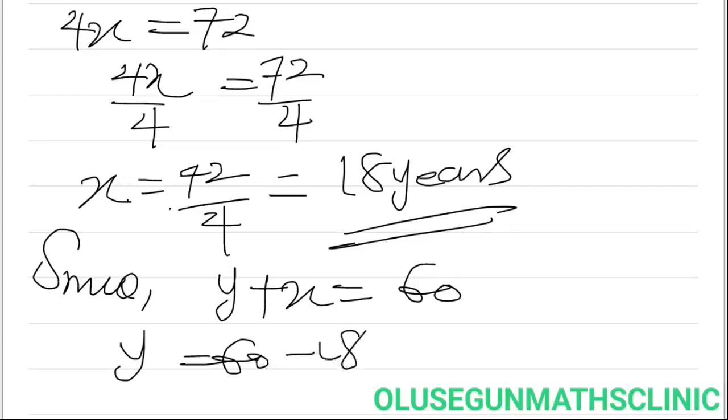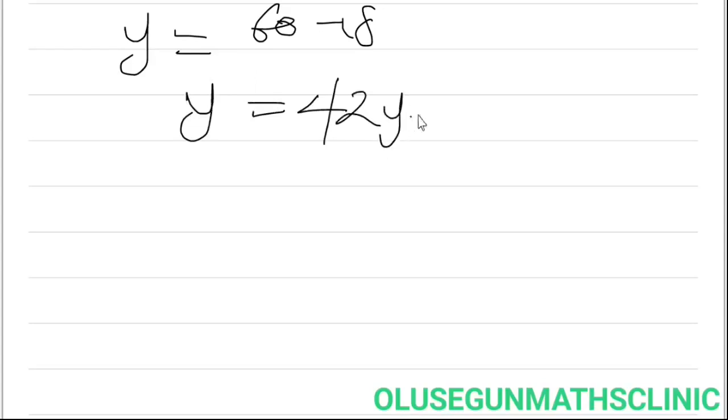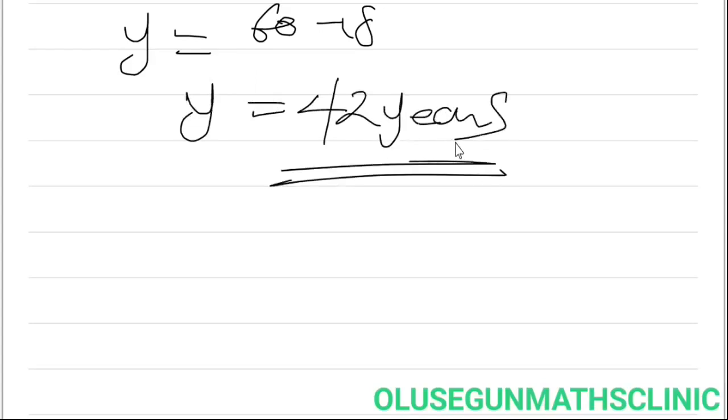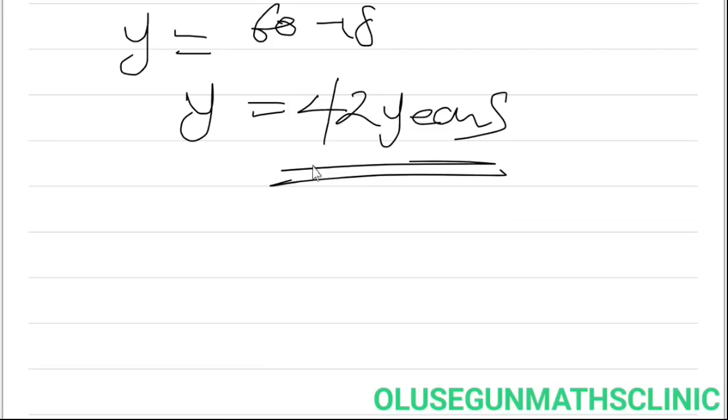Therefore, y is equal to 42 years. According to the question, find their present age. So the age of the daughter is 18 years, while the age of the father is 42 years.